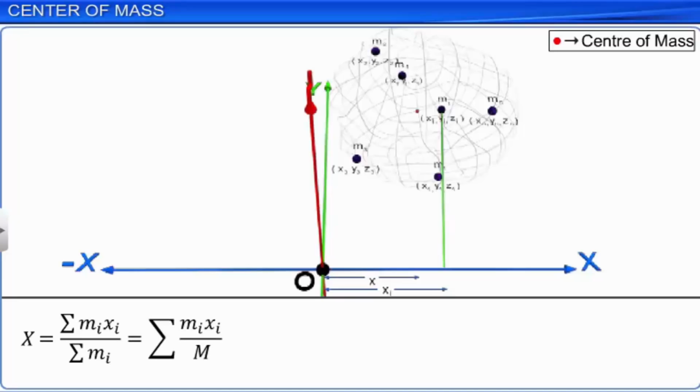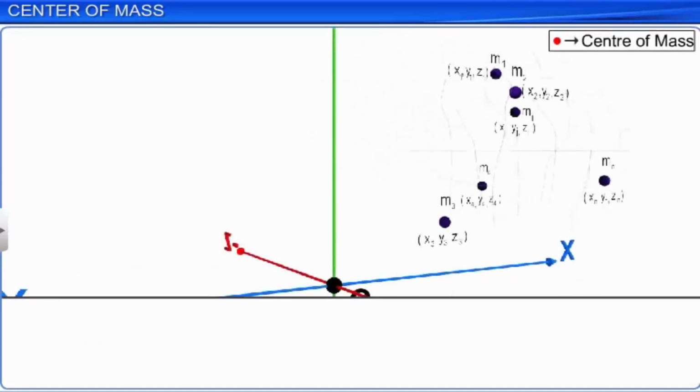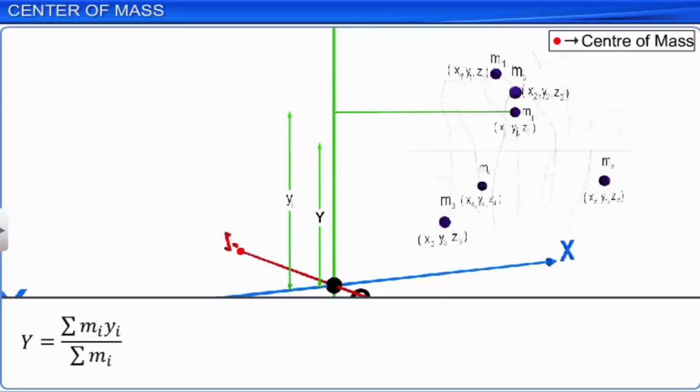Equation 1. Y is equal to sigma mi yi by sigma mi, which is equal to sigma mi yi by m.